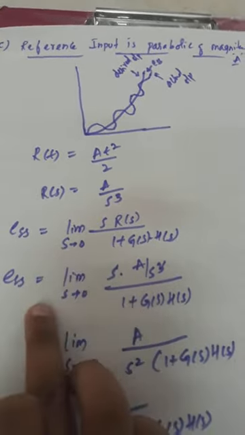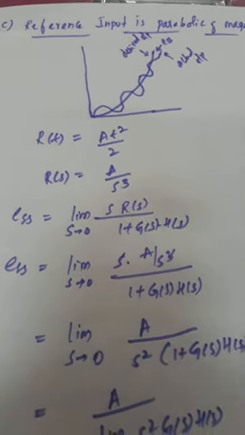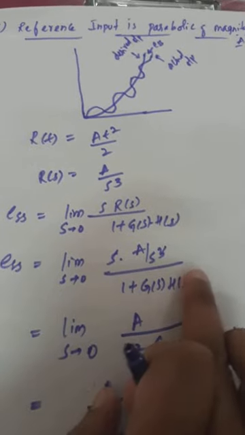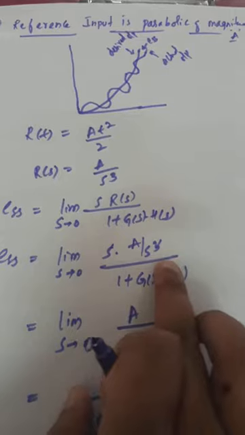ESS is equal to, again substituting R of S as A divided by S cube, one S cancels with S cube, so S square remains.